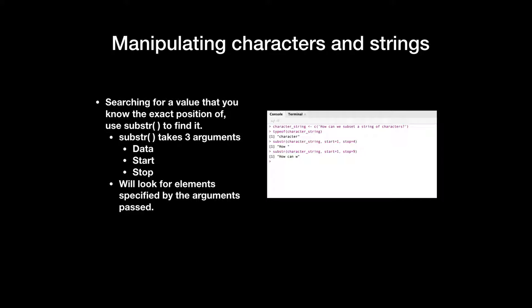If we use the substring function, we pass in the character string. That's going to be our data. Our starting point will be the very first character, which is going to be H, and then the stop is 4. If you notice, the return value is the word how and then a space. R also considers the space between words or between letters, if you place it in there, as an element in the character string.